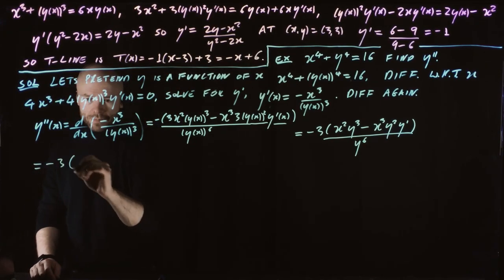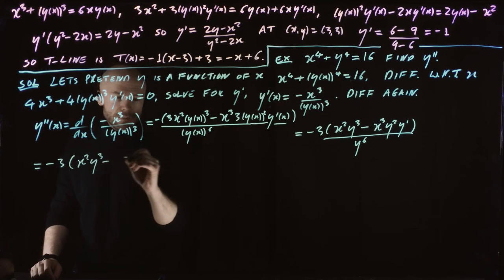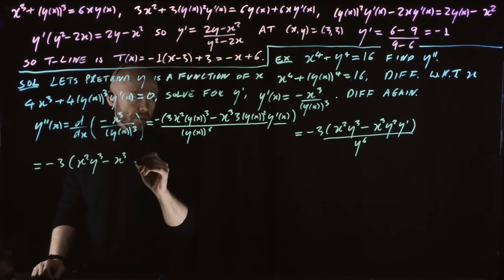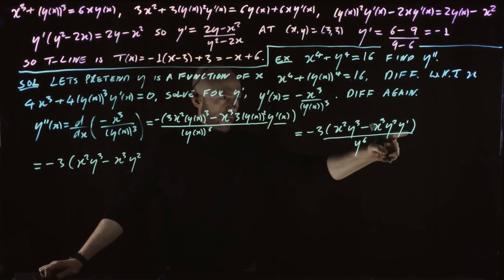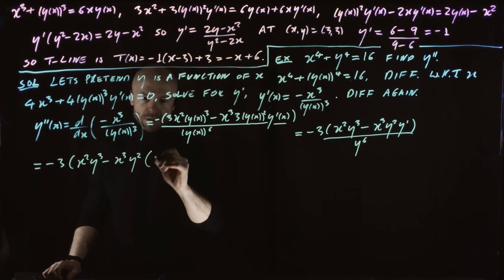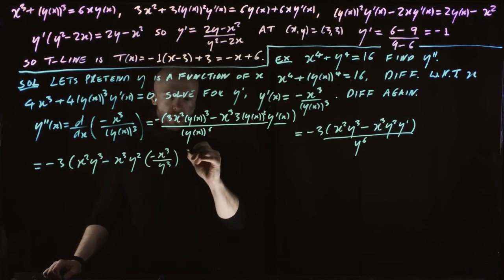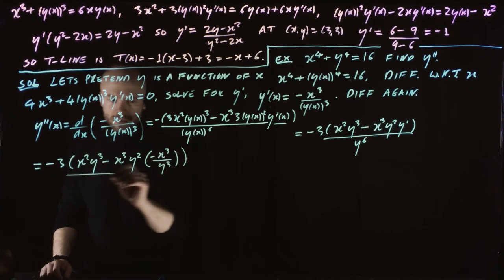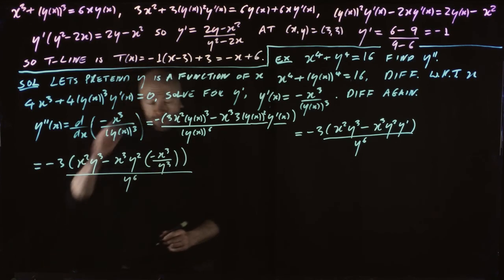Minus 3 x squared, this thing, minus x to the 3 times, now replacing y prime right in there, minus x to the 3 over y to the 3, all over y to the 6. Cool.